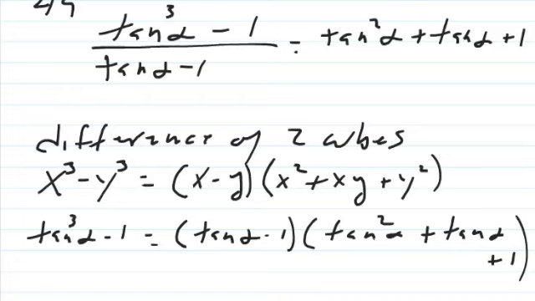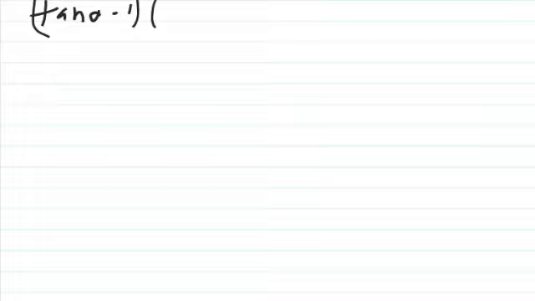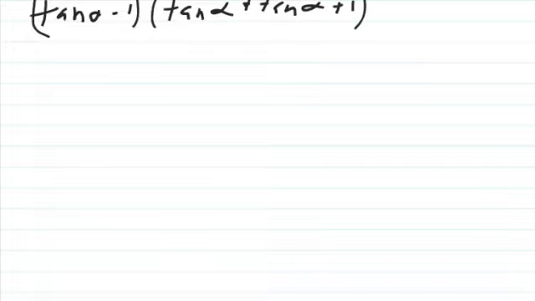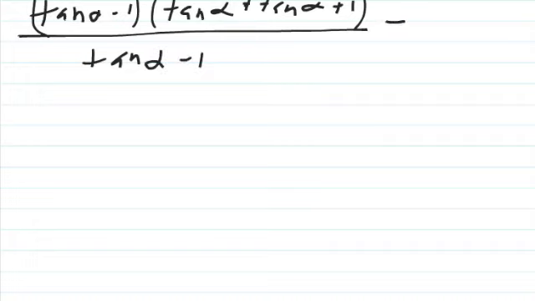So if we replace the numerator of the left-hand side using the difference of two cubes, we get tangent of alpha minus 1 times tangent squared alpha plus tangent alpha plus 1 over tangent alpha minus 1 is equal to, and now I'm going to have to write this down below, tangent squared alpha plus tangent alpha plus 1.